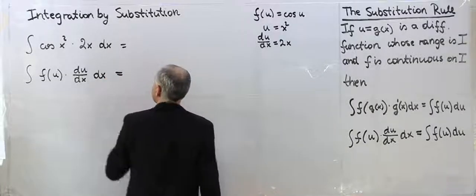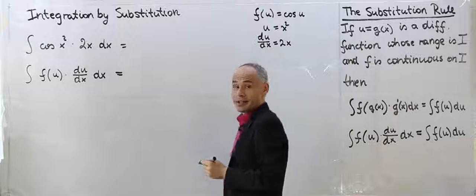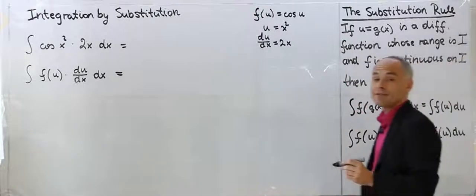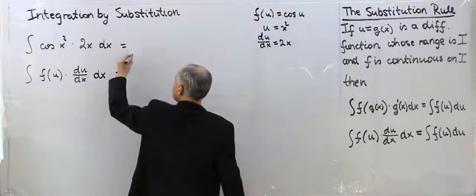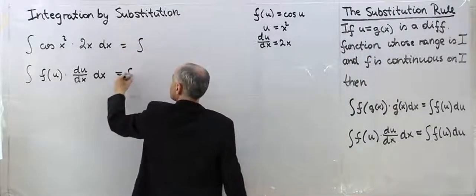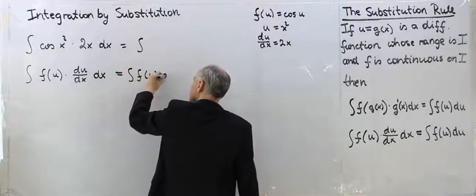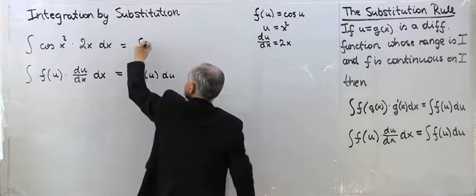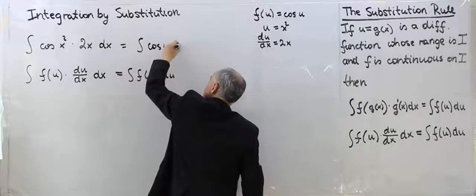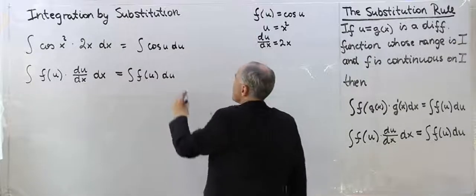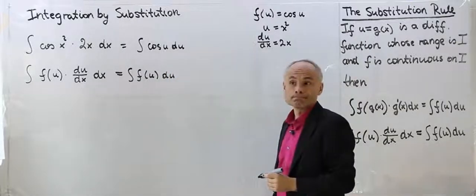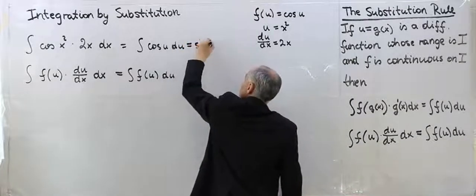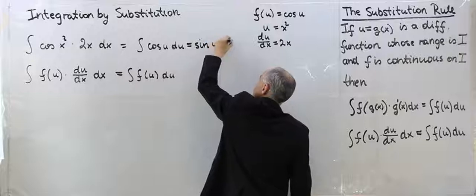So this, by our substitution rule, is equal to, what's the right-hand side? The integral of f of u du. Okay, so f is cosine of u du. So what's the integral of cosine? Sine, right? So this is sine of u plus c.